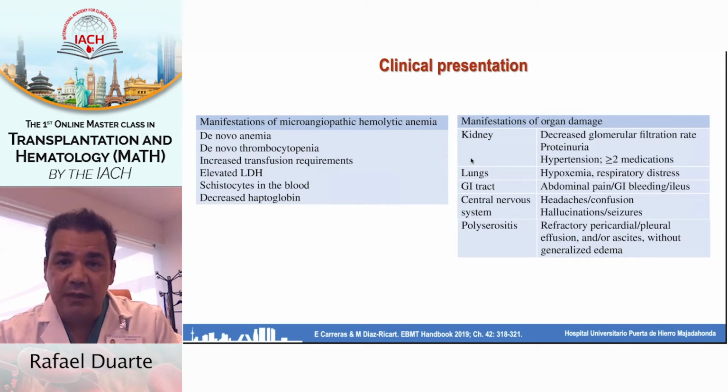In the lungs, hypoxemia and respiratory distress, GI tract, abdominal pain, GI bleedings, ileus, and that is a very important topic as well, because many times in acute patients in whom TMA could coincide with GVHD and gut GVHD, the appearance of all these symptoms might be difficult to differentiate from both complications. Central nervous system, polyserositis, all those are manifestations of organ damage in TMA.